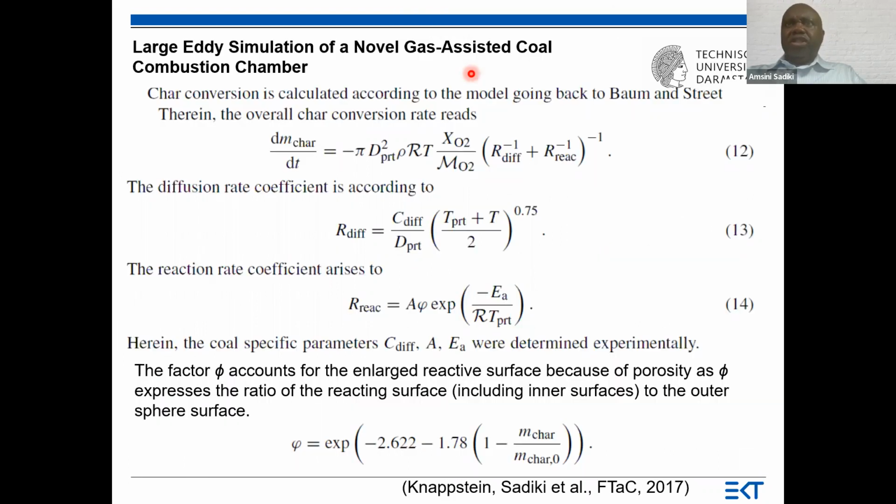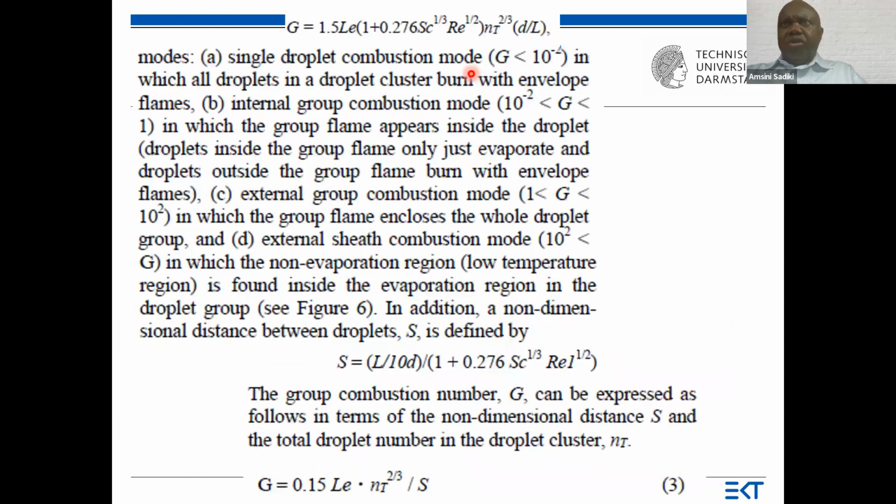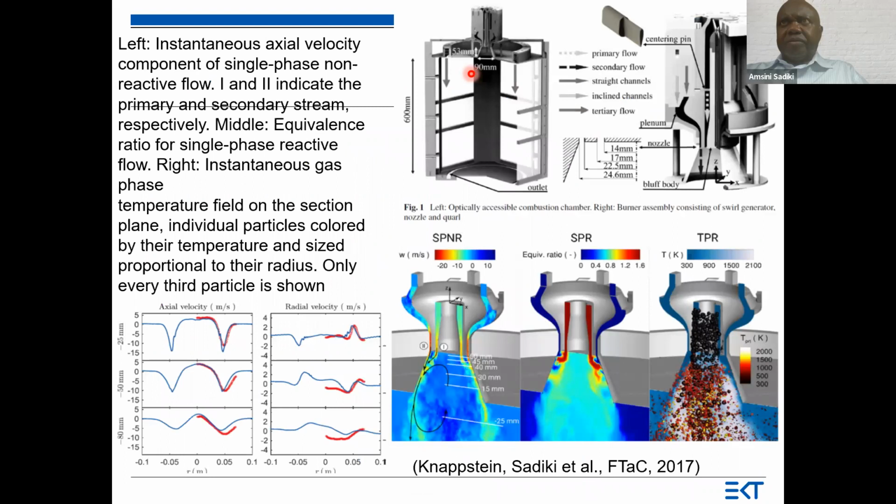Now, using all these expressions for the LES model, I think we used the WALE model. I don't remember exactly, but the details can be found in this paper here.